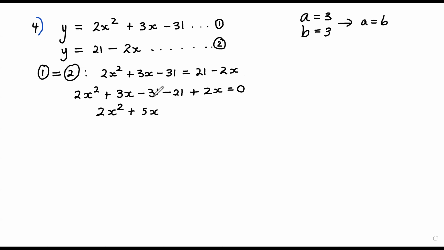And then minus 31, take away 21. Well, when you subtract from a negative number, it's the same as adding those two numbers and keeping the negative sign. So this will end up being minus 52. So you'll get 2x squared plus 5x minus 52 is equal to 0, right?